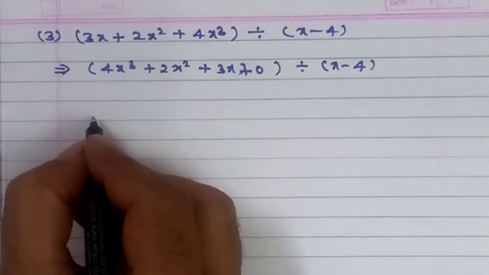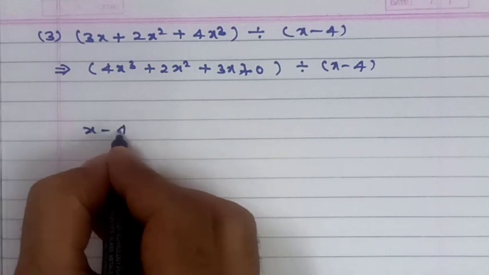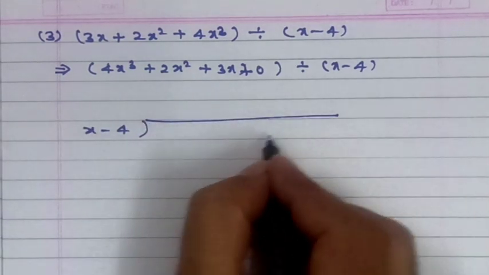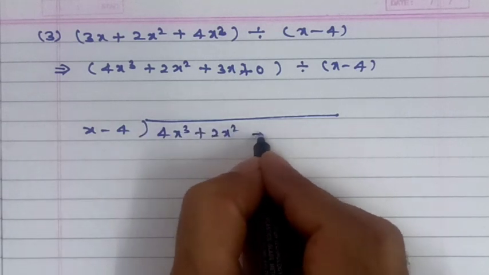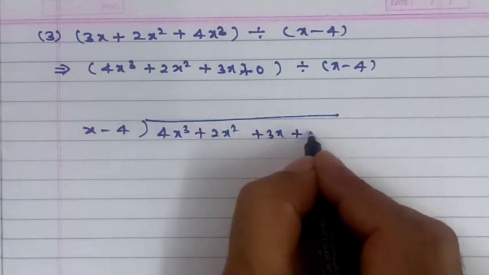Now the divisor is to be written outside and the dividend inside. So 4x cube plus 2x square plus 3x plus 0.